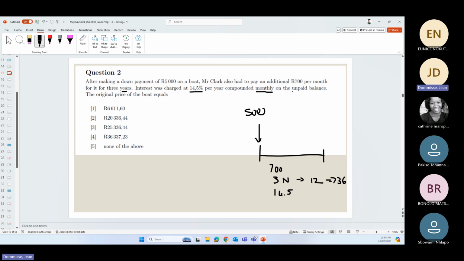So what is the value at the original time of the purchase?